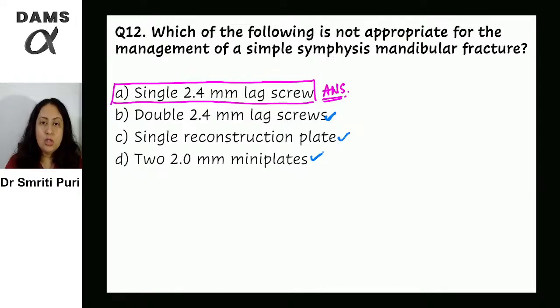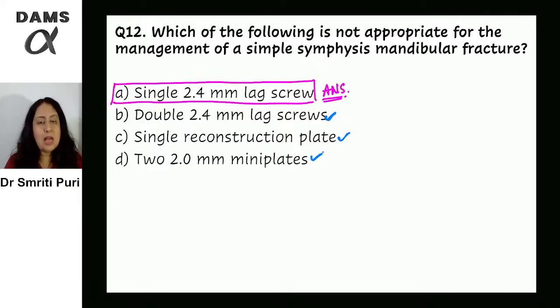So both A and C might not be ideal for a symphysis fracture, but the one which is not at all appropriate is a single 2.4 mm lag screw, because a reconstruction plate will give load bearing and a hugging effect on the mandible, and it is going to counteract the torsional forces, the twisting forces which the symphysis experiences.